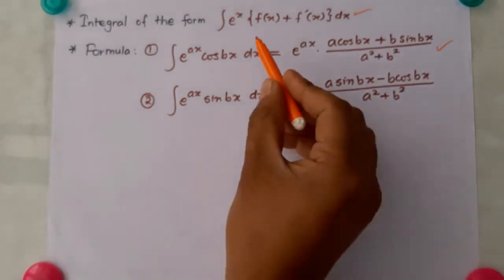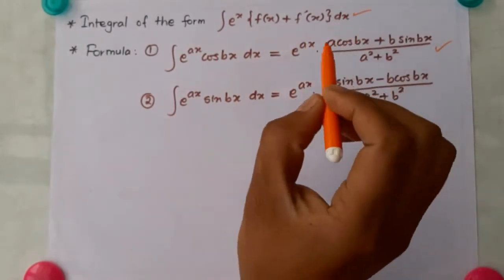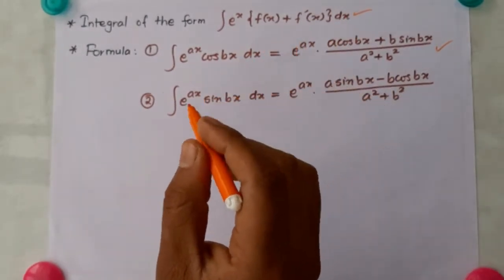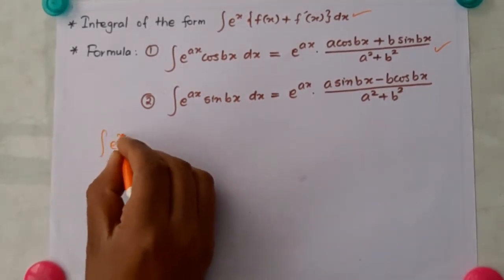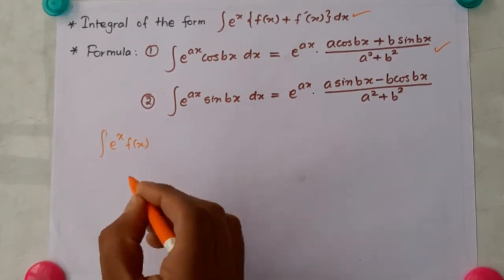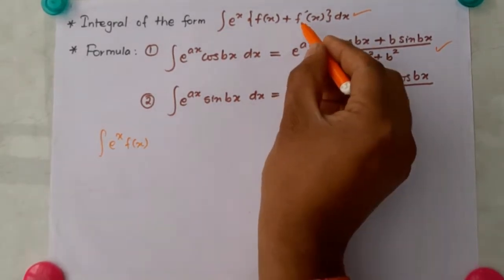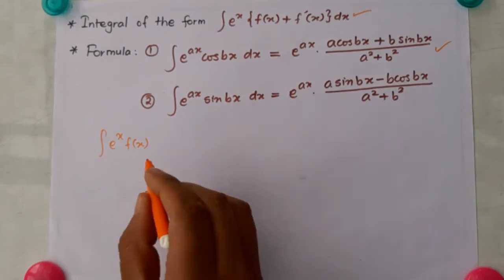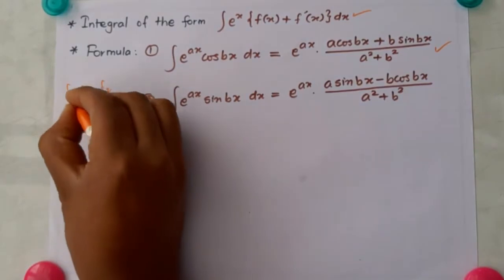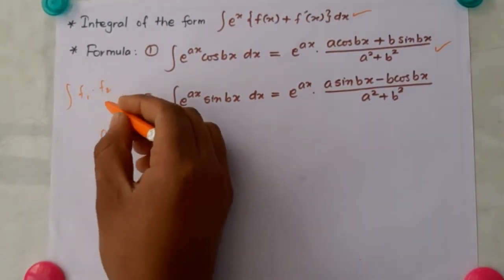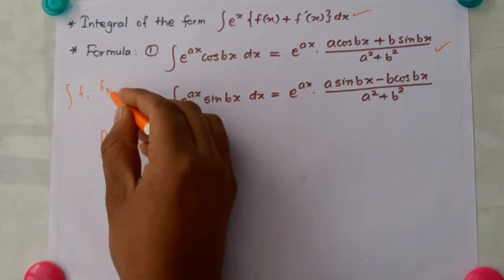Now in order to arrive at this particular integral, let me take this integration. See here carefully. I'm taking the integral of e to the power x f(x). As you clearly see, there is f dash here. Now you know that out of f1 and f2 in the product, you differentiate f1 and you integrate f2.